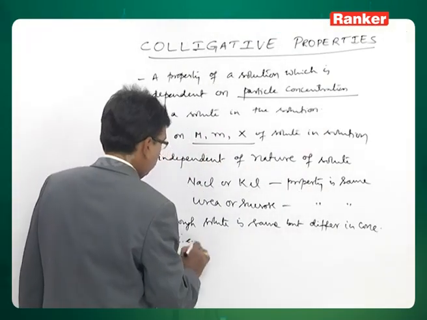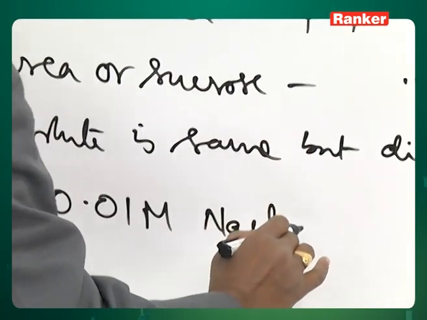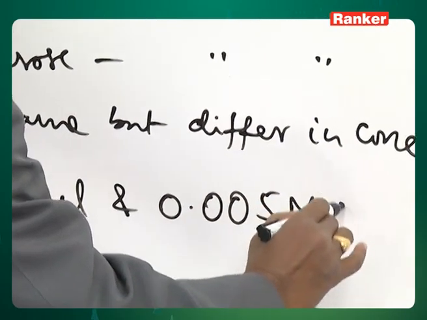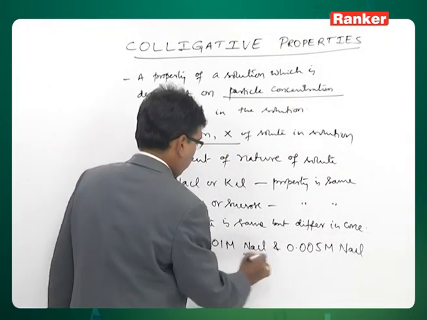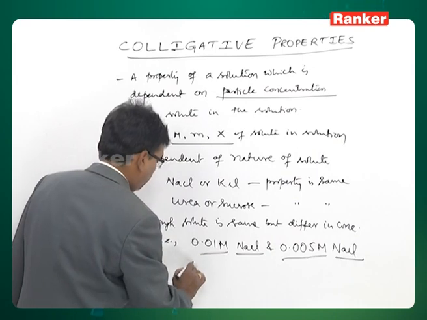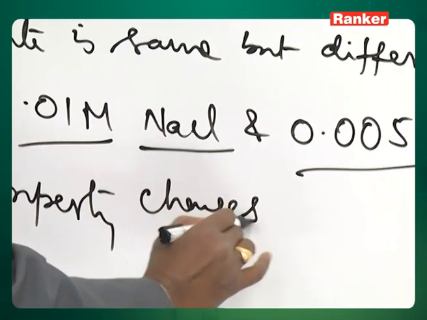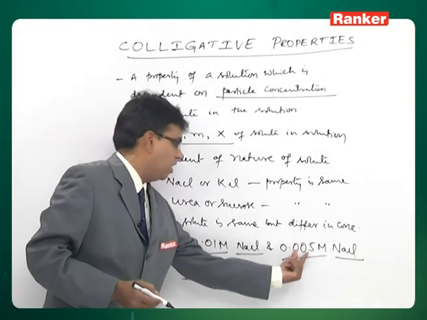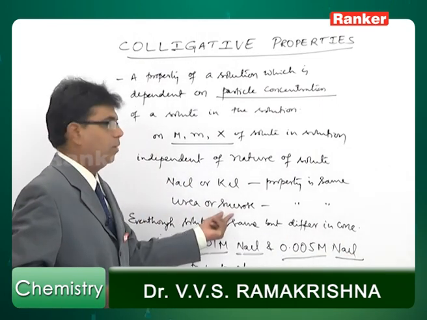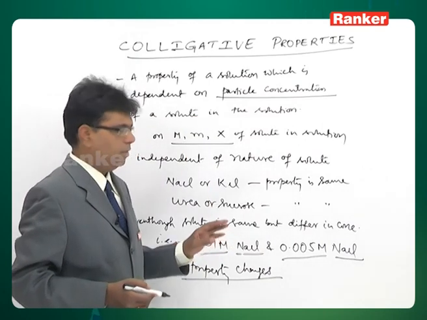That is, suppose you take 0.01 molar NaCl and 0.005 molar NaCl, the solute is the same but the concentration is different. So, the property changes. So, those properties that change with the concentration only, not on the nature of the solute, are what we define as colligative properties, right.